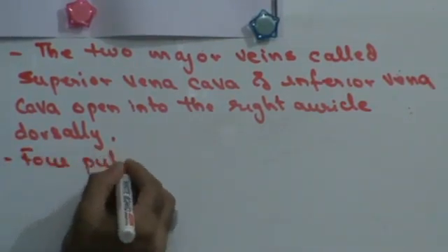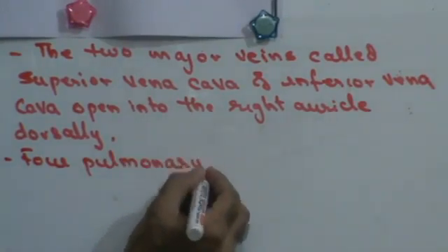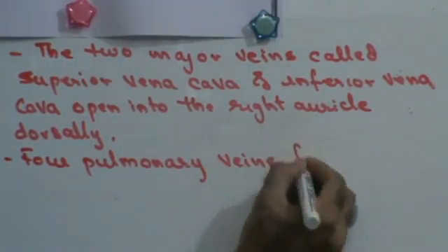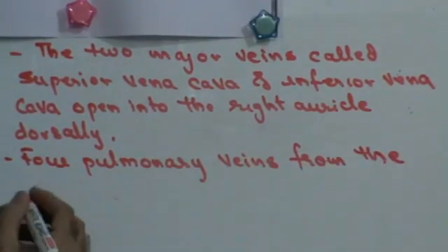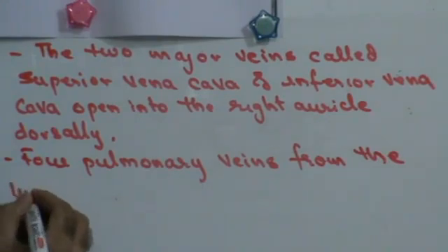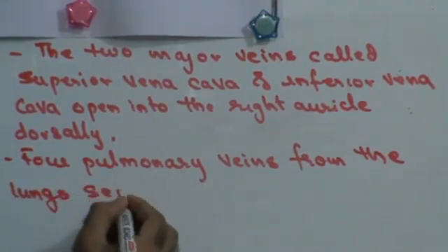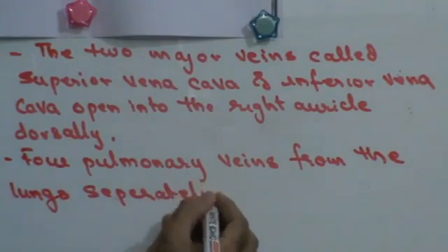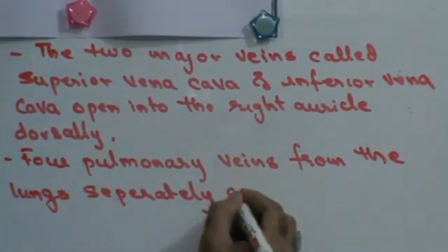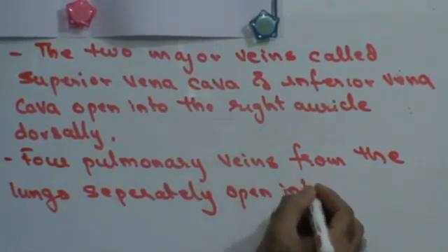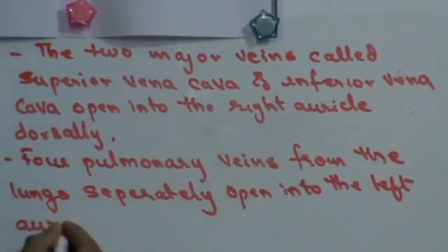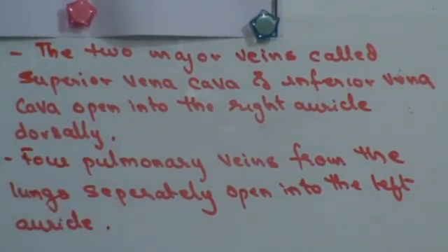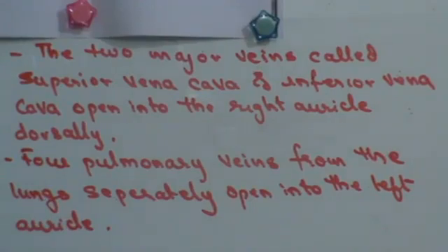Four pulmonary veins from the lungs separately open into the left auricle. Fine.